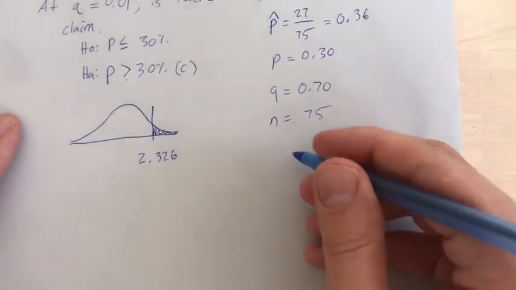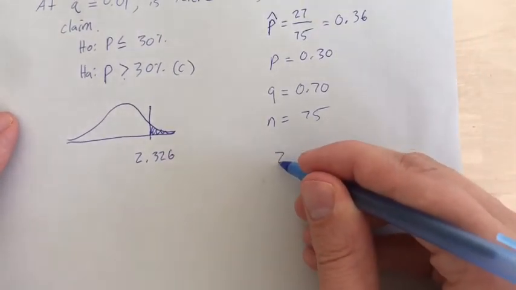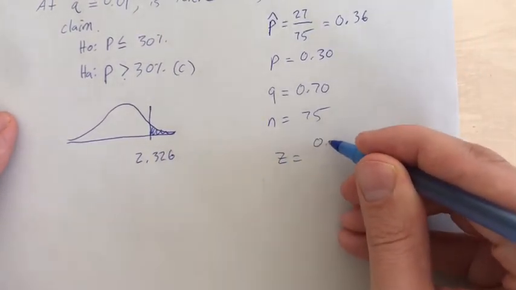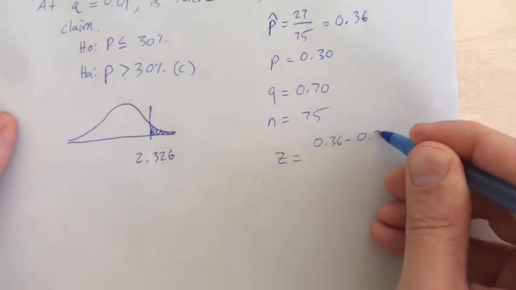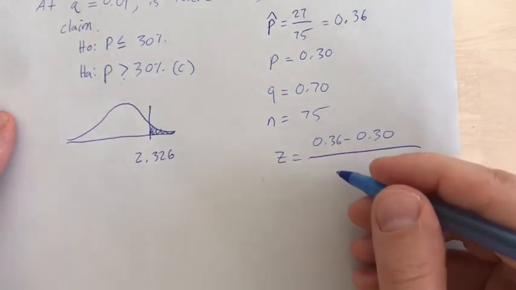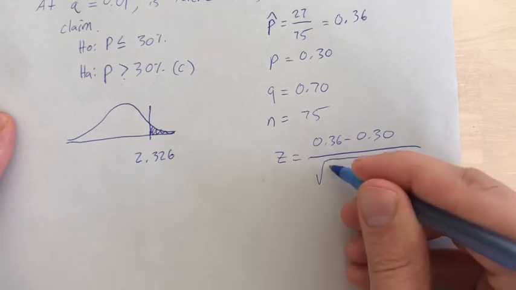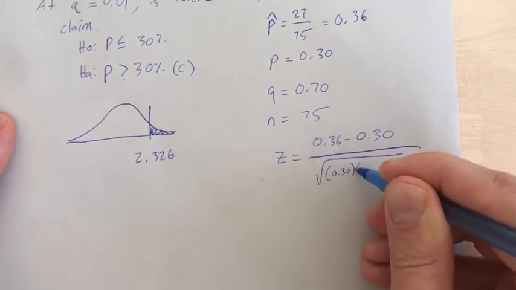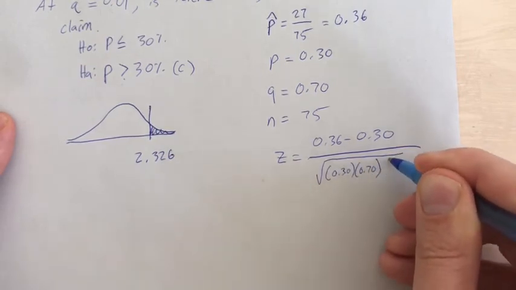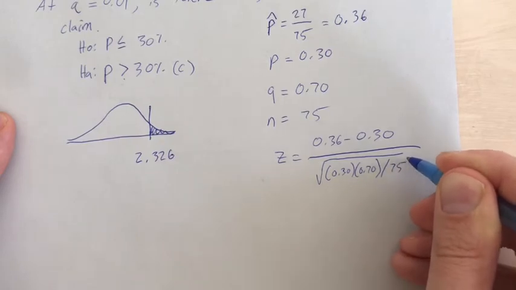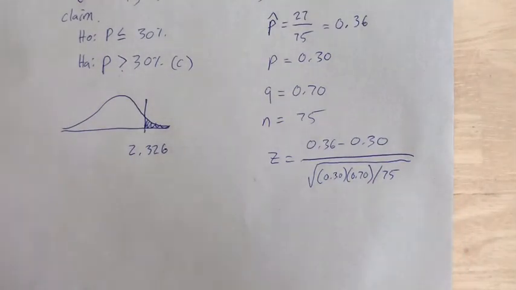So let's do our test statistic real quick. z equals 0.36 minus 0.30 over the square root of 0.30 times 0.70 divided by 75. Again, I'll give you a second quick head start to see if you can calculate that.